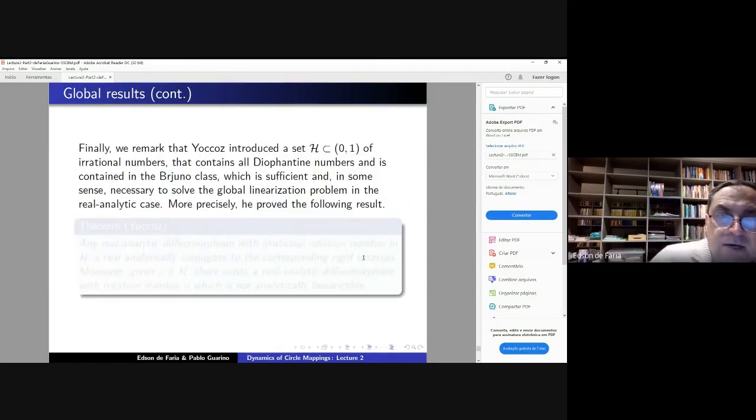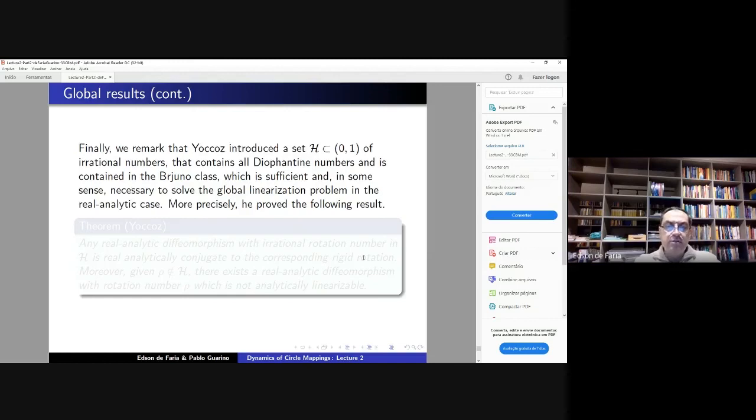And finally, I should go back to the analytic case, and I should remark that Yoccoz was also able to find the sharp class for which the global theorem holds in the analytic category. Okay, so the global version of Arnold's theorem in the analytic category.